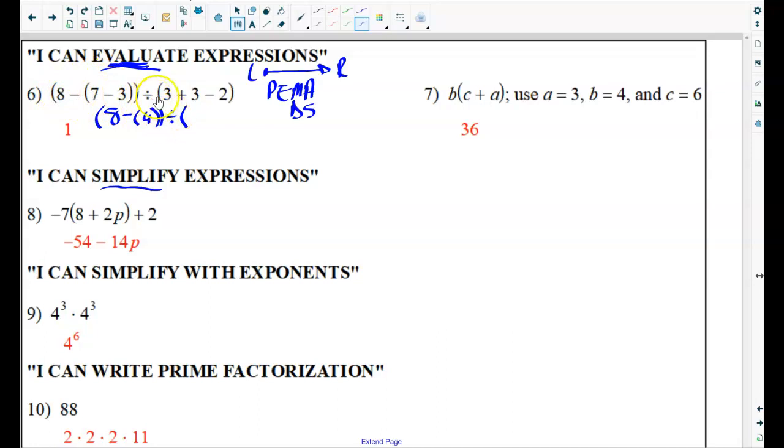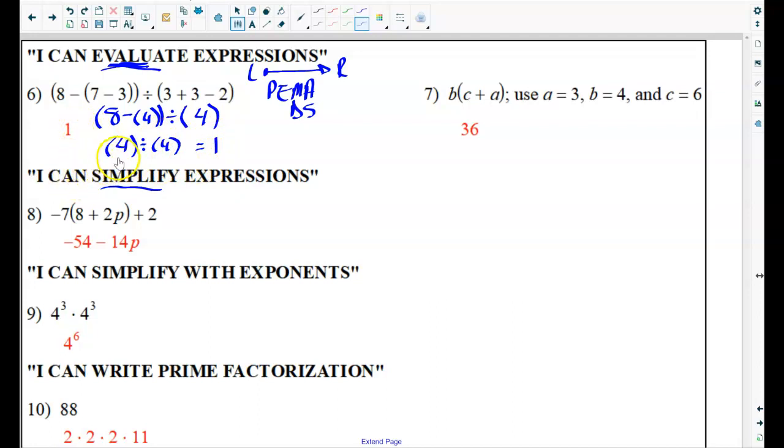So now with this division sign, that means I can work with this. I'm going to do left to right. 3 plus 3 is 6, minus 2 is 4. Okay. So now we are still in PEMDAS, parentheses. I should do this one, but there's nothing to do. Inside this one is 8 minus 4, so I've got 4 divided by 4, which equals 1.